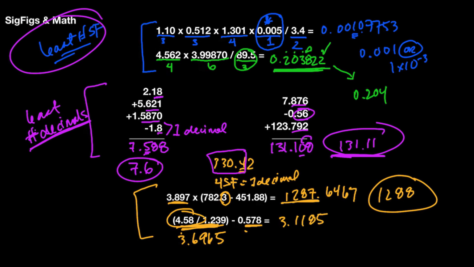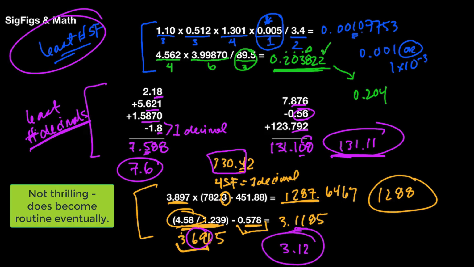So again, 3 sig figs, this one is 3 decimal places. 3 sig figs is only 2 decimal places, yes? Do you see? Which means that we are going to now cut this to 2 decimal places, which is going to be 3.12. All right, look those over, make sure they make sense.